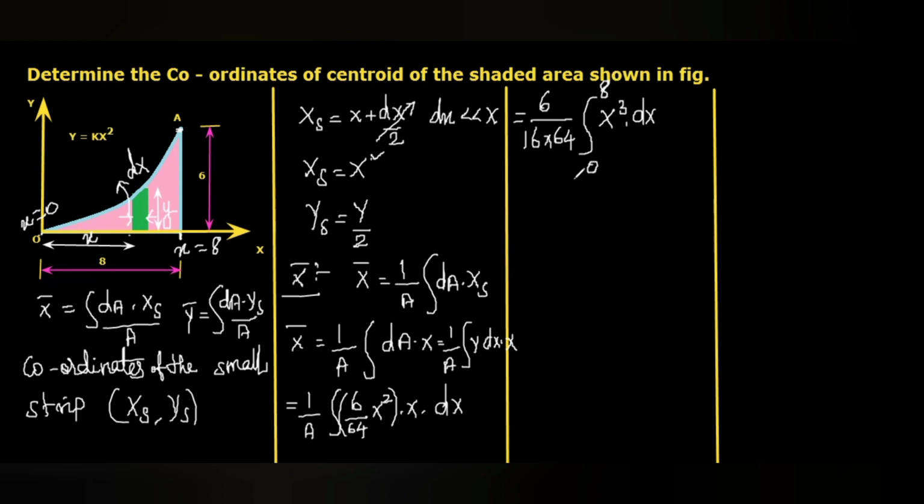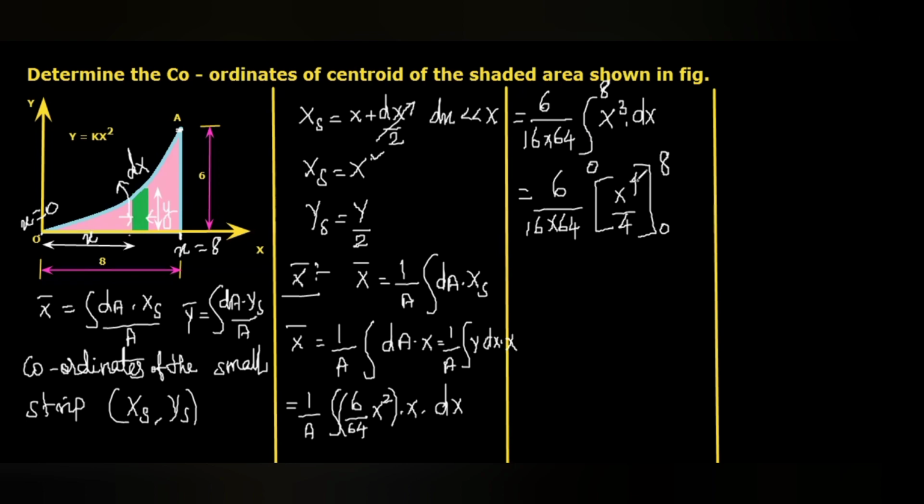And then this we can simplify, it is in the form of x cube dx, x power n plus 1 by n plus 1. So 6 divided by 16 into 64, this one, x power 4 by 4, and limits 0 to 8.